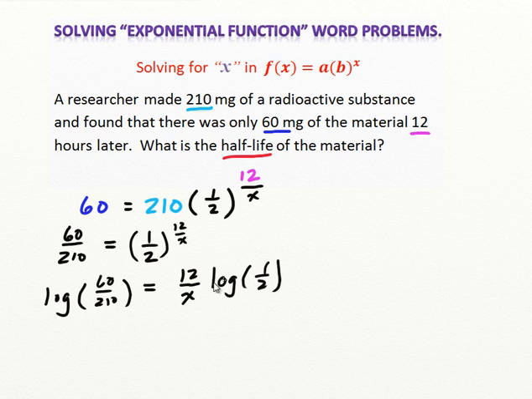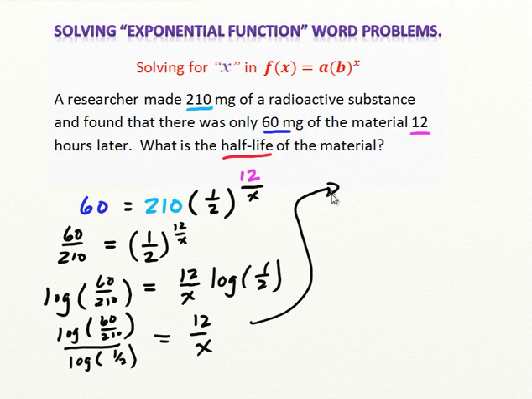Well, we're solving for x, so let's get this all by itself. Move the log 1/2 to the left side. We will get log of 60 over 210 divided by the log of 1/2, and that is going to be equal to 12 divided by x.